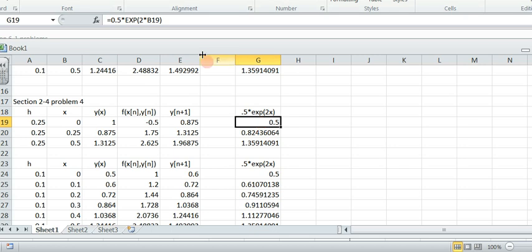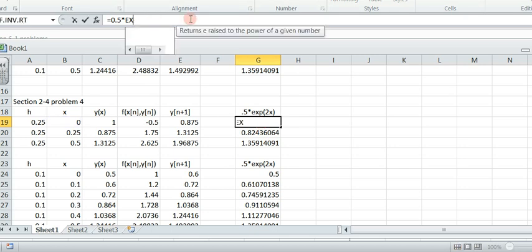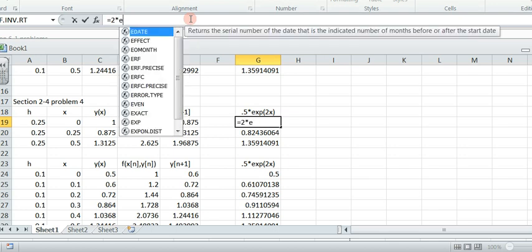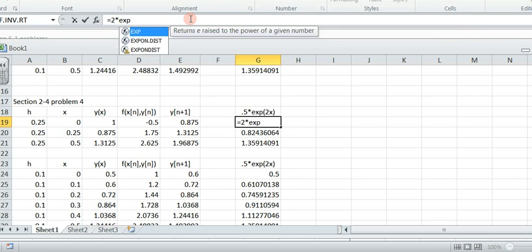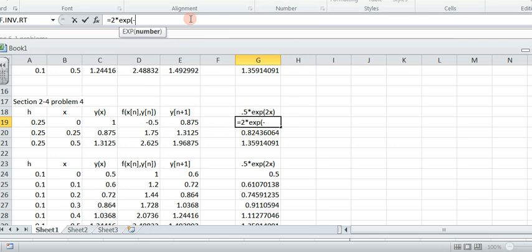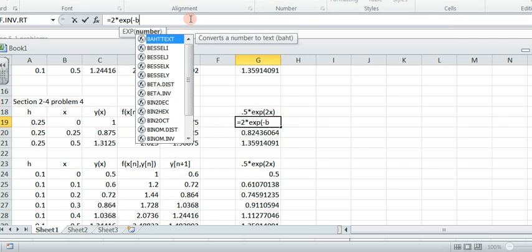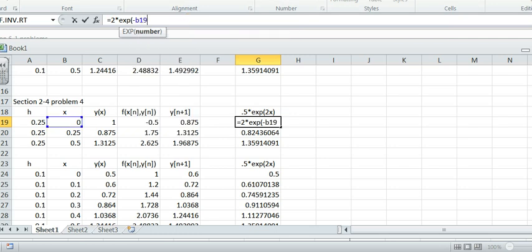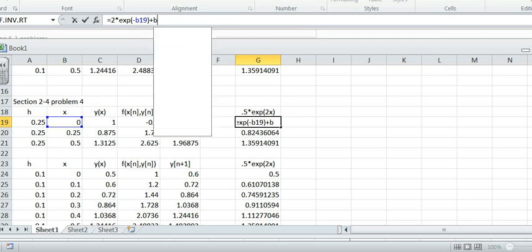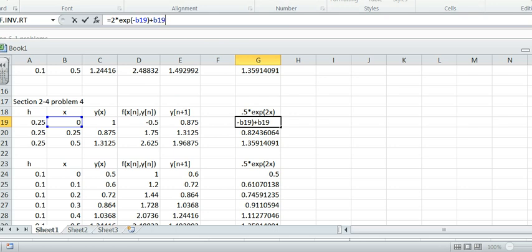And over here we want 2 times exponential of minus B19, plus B19, minus 1.